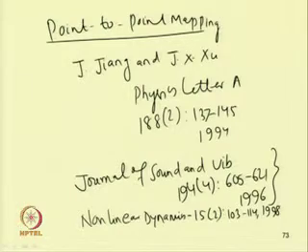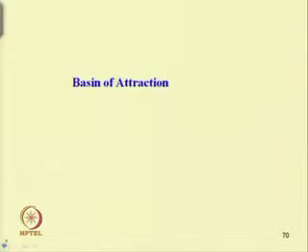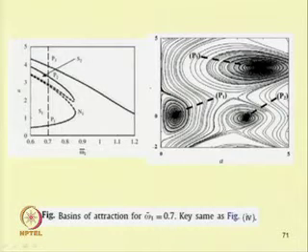One can use the cell to cell mapping or point to point mapping method for finding the basin of attraction, or one can directly use different initial conditions. By taking different initial conditions, one can find the basin of attraction when multiple solutions are present in the system.